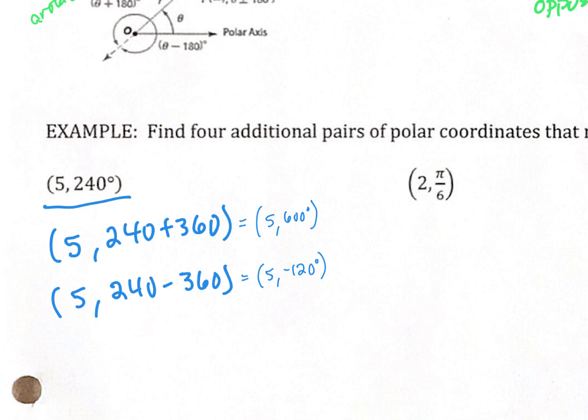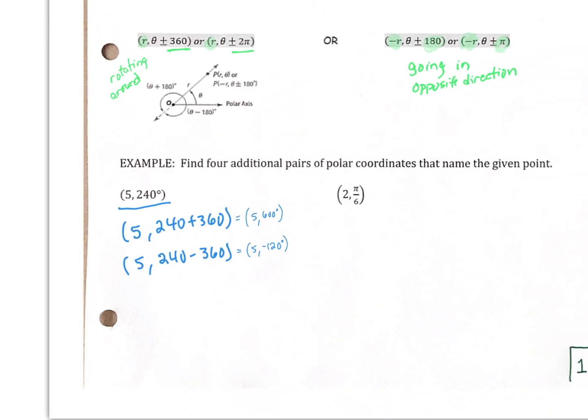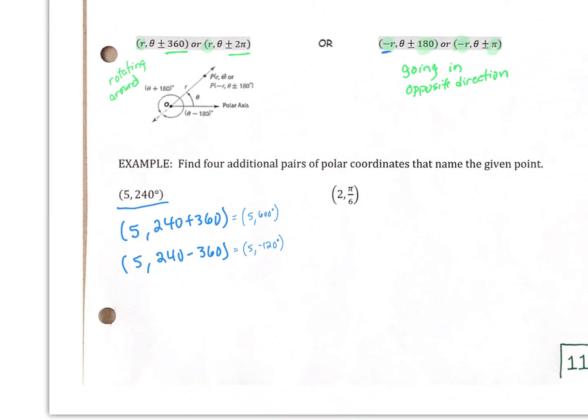So that's 2 of the points. The other 2 points we get by switching the sign of R. So we're going to have negative 5, and then we add and subtract 180 degrees. We take our 240 and add 180, and we take our 240 and subtract 180.